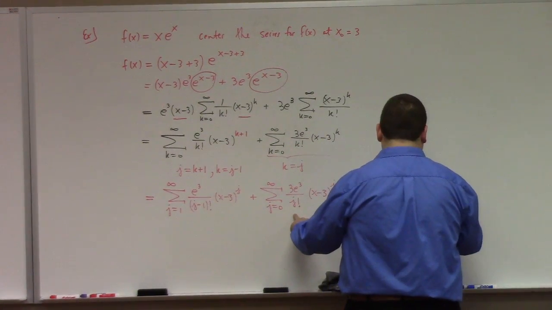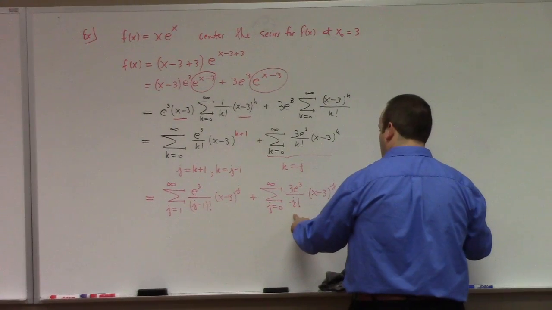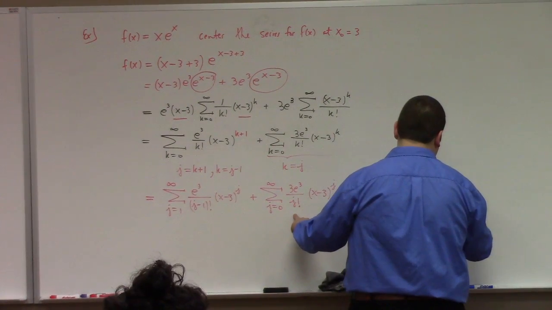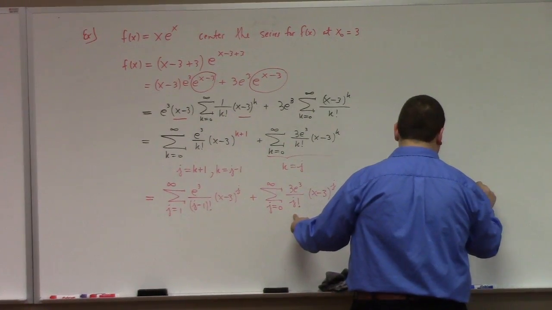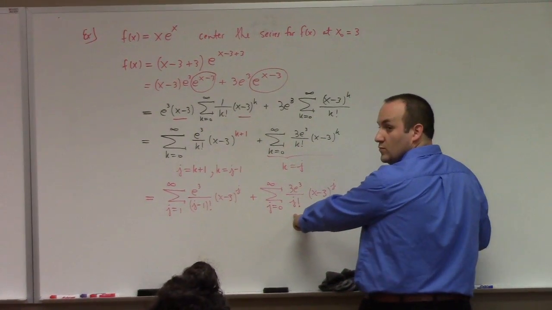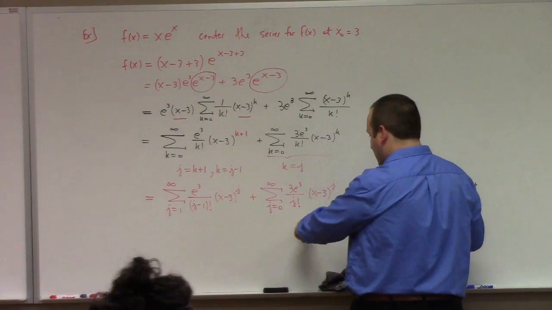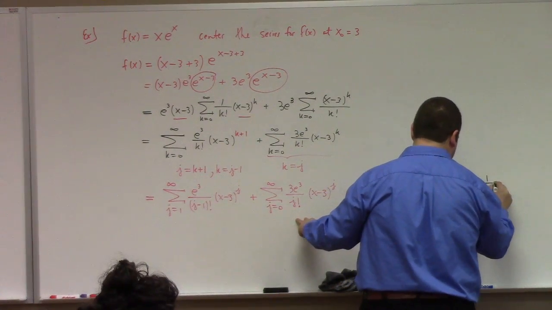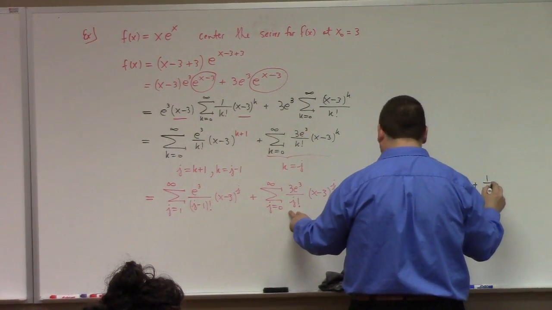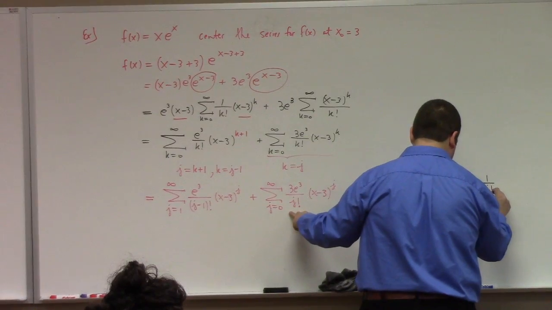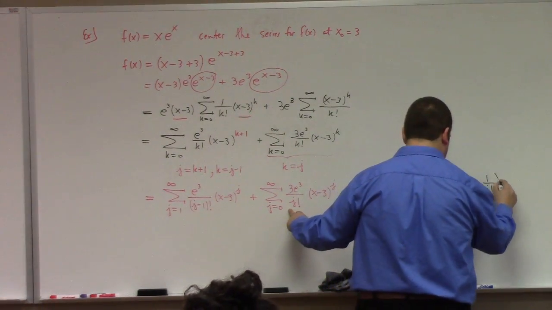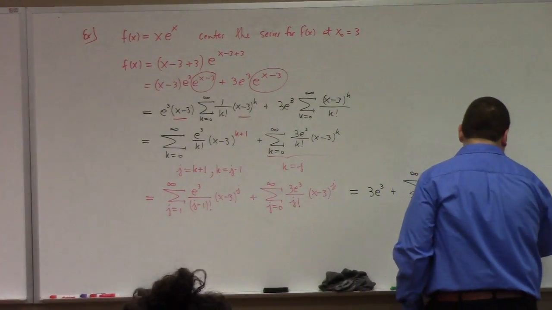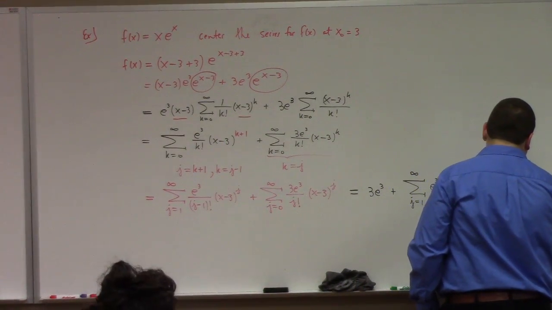Well, there's an e cubed on everything, so I'll just factor that out. e cubed times 1 over (j minus 1) factorial plus 1 over j factorial, (x minus 3) to the j.